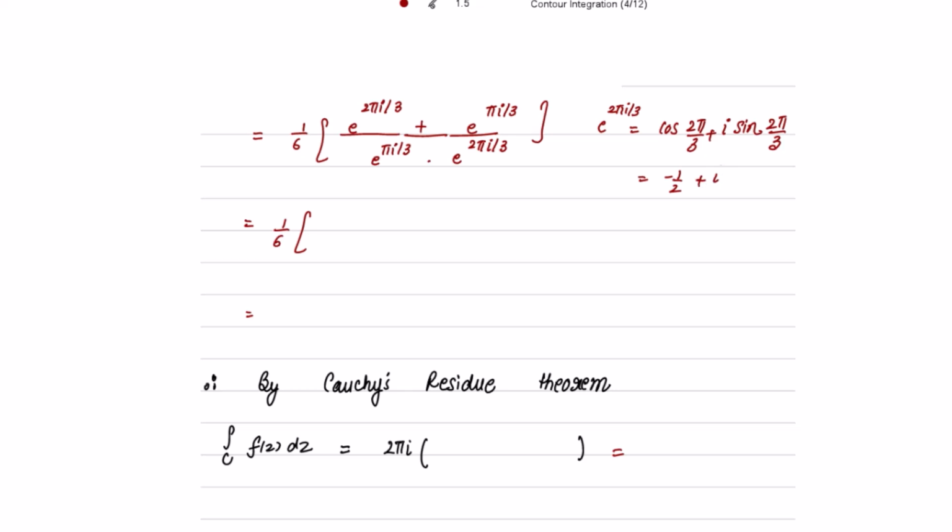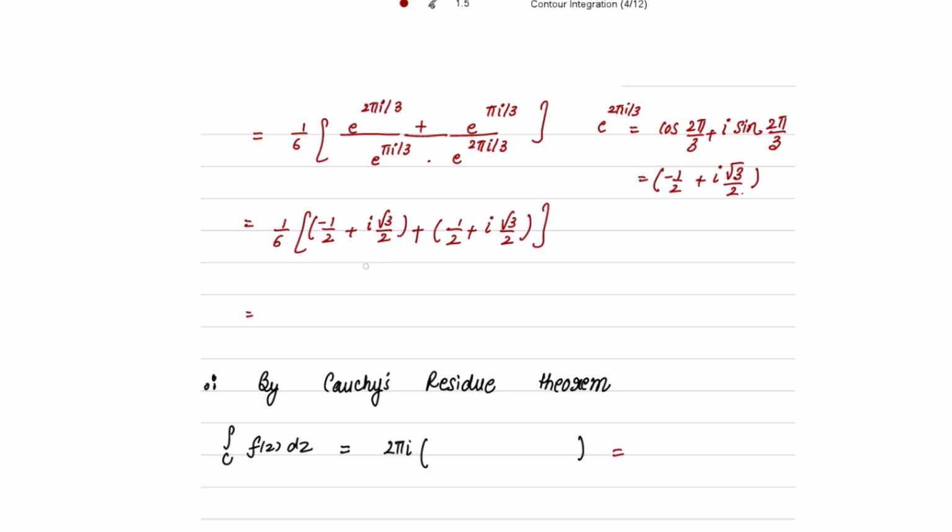And then plus i, what is sin 2π/3? It is root 3 by 2, alright. So this is how we can find the value. So this value is negative half plus i root 3 by 2. And similarly, just find e^(πi/3). What is cos π/3? It is 1 by 2, plus i times sin π/3, which is root 3 by 2.